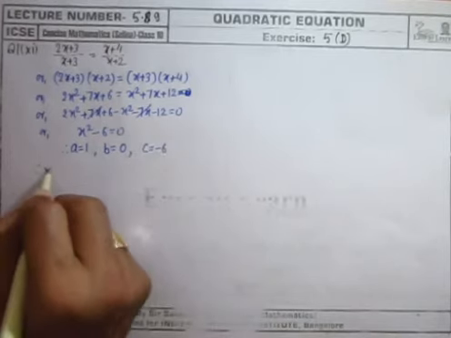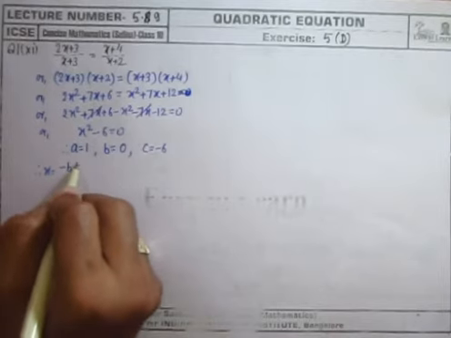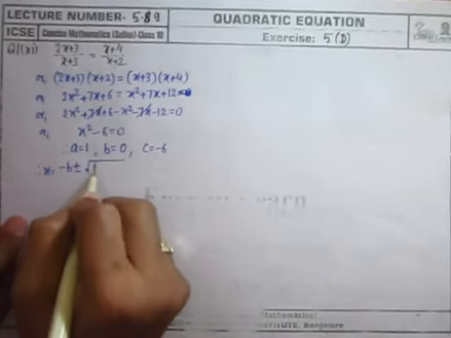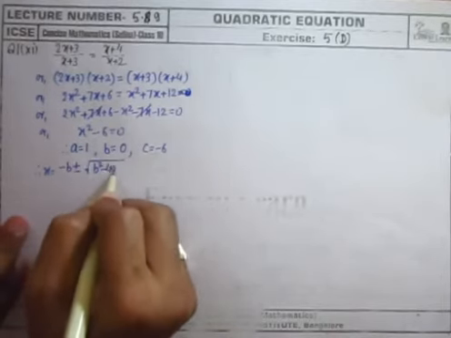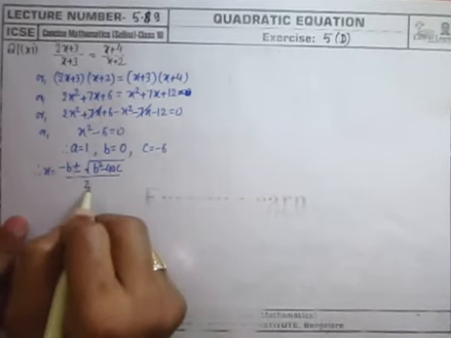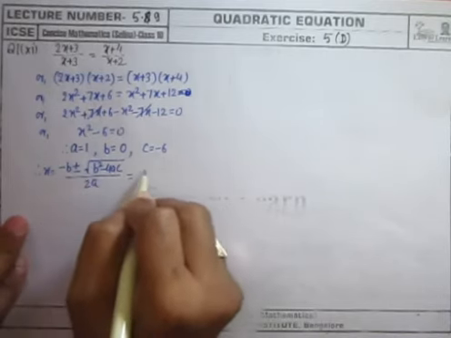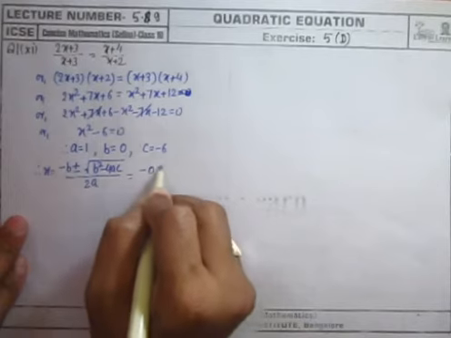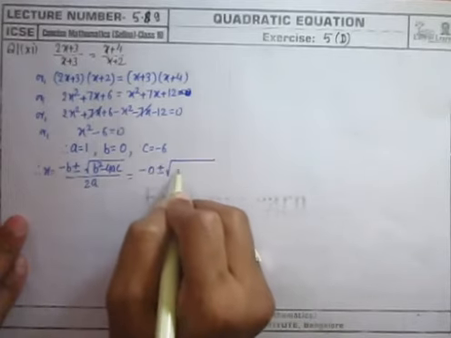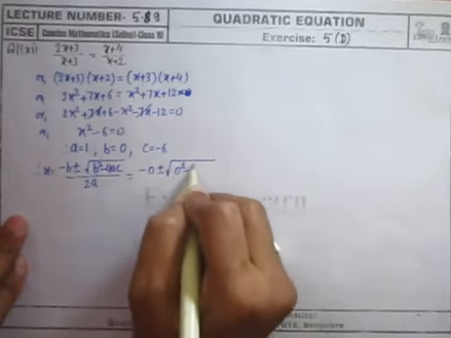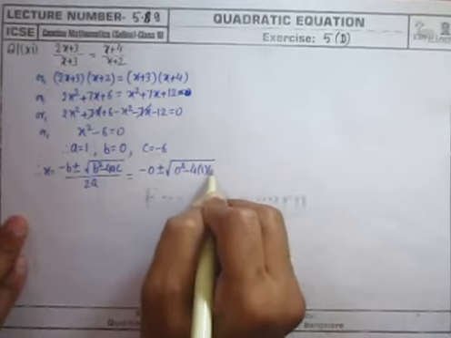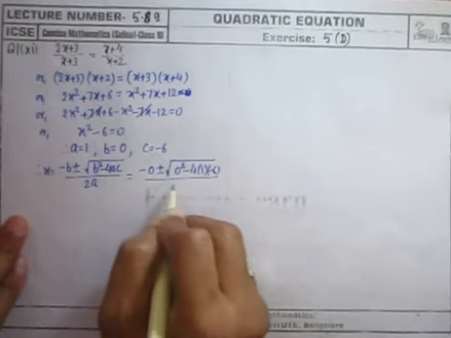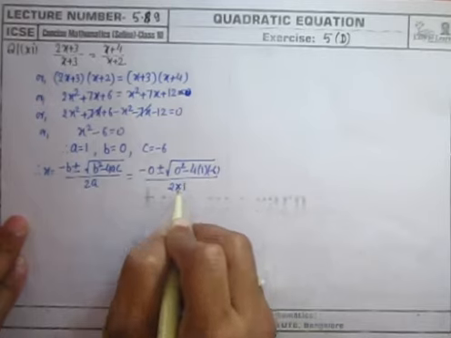Now the formula for x is (-b ± √(b² - 4ac))/2a. So -b is 0, plus or minus root of 0² - 4 times 1 times -6, divided by 2 times 1.